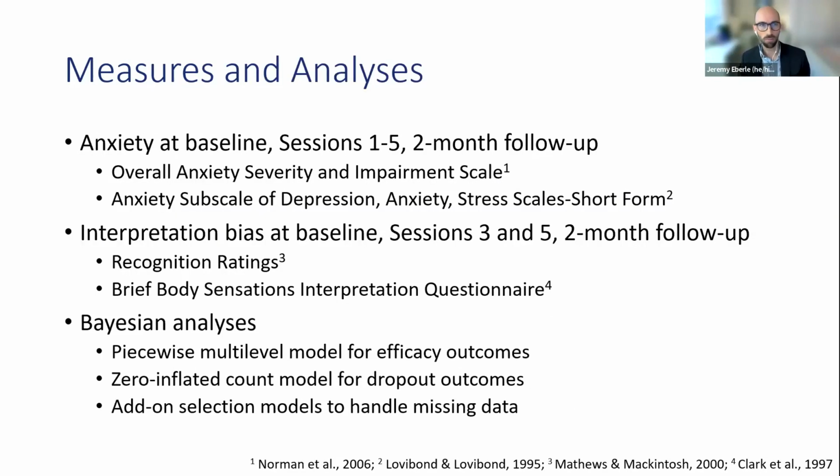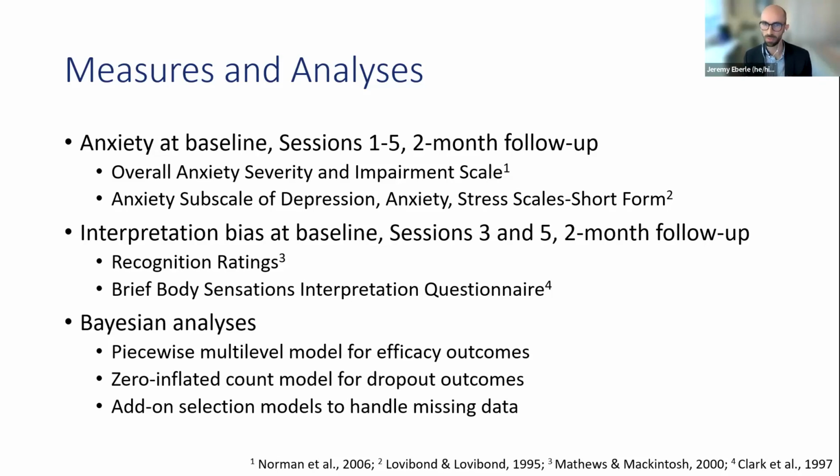We measured anxiety symptoms and interpretation biases using a couple questionnaires for each of those at baseline, after each session, and at a 2-month follow-up. And we conducted analyses in the Bayesian framework on a computing cluster at the University of Virginia using a piecewise multi-level model for our efficacy analyses and a zero inflated count model for analyses of dropout.